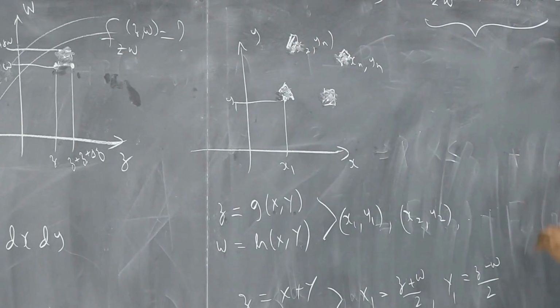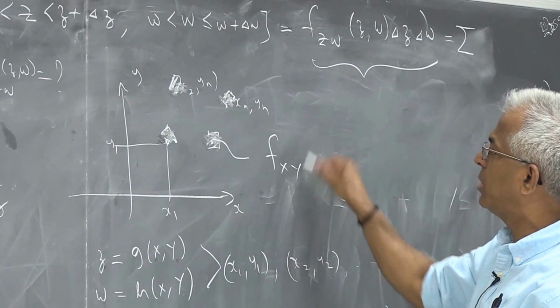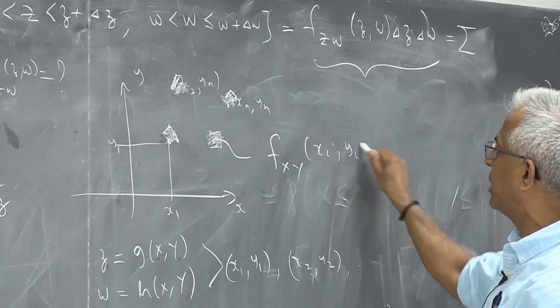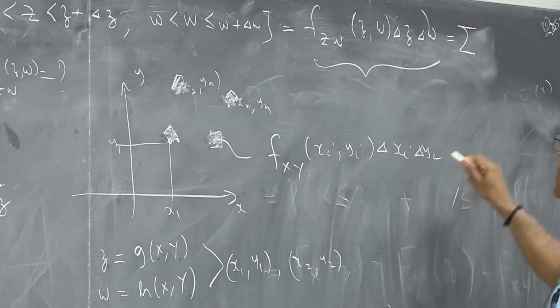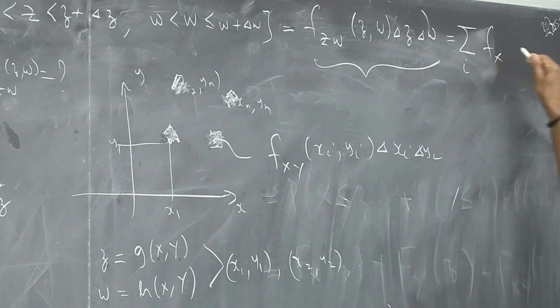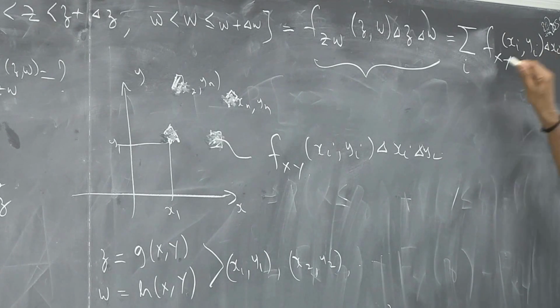So we could say this is the same as, but each of these would be what? The probability of that would be f_XY(xi, yi) multiplied by delta xi delta yi from here, right?